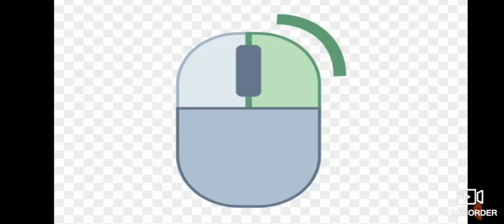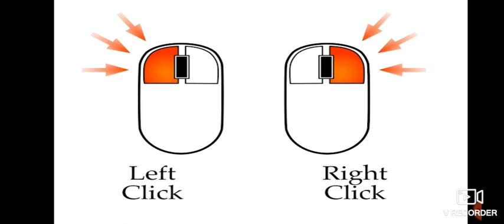So one more time, when you press left button once, that is left click. When you press left button two times, that is double click. And when you press the right button once, that is right click.